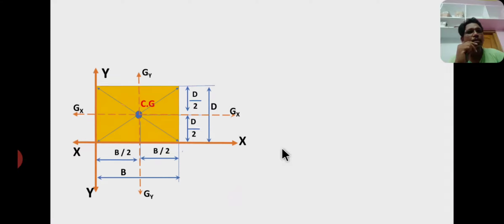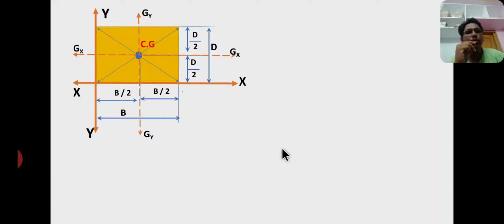Before going to the problems, first of all you have to know the fundamentals. Here this is a rectangle having base B and height D. D refers to depth or height, B refers to base or length.